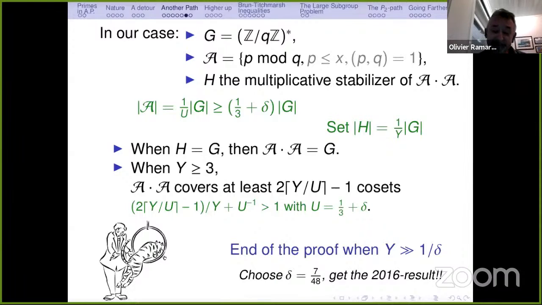And once you know that the index of A is at least 3, and you know that the cardinality of A is larger than phi of q by 3, you're home, and you can prove easily that A times A times A is the full group. Why 3 times? Because A times A gets double, it gets 2/3 of phi of q, times 3, it gets 3/3, which is the full group.